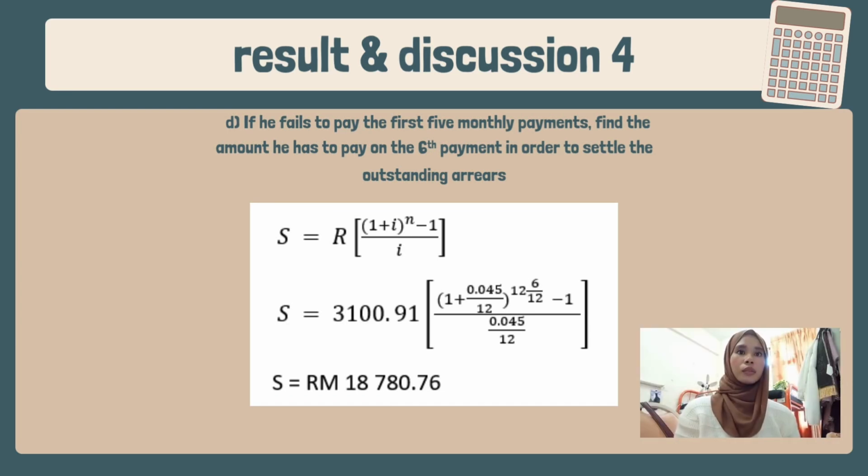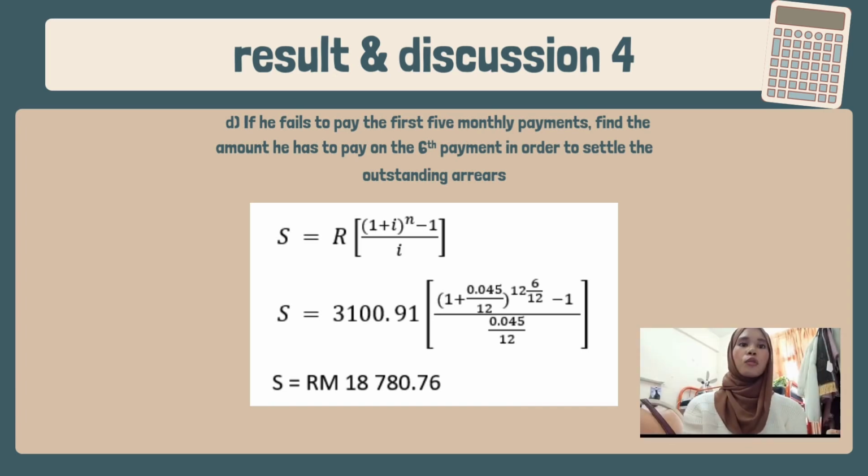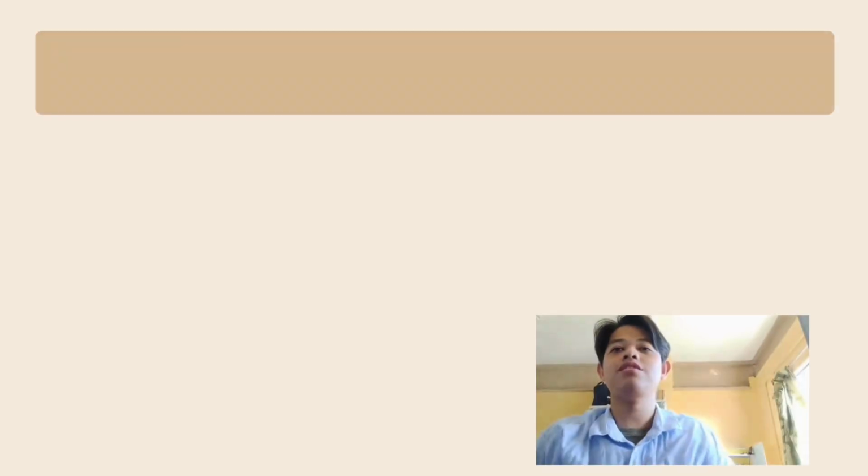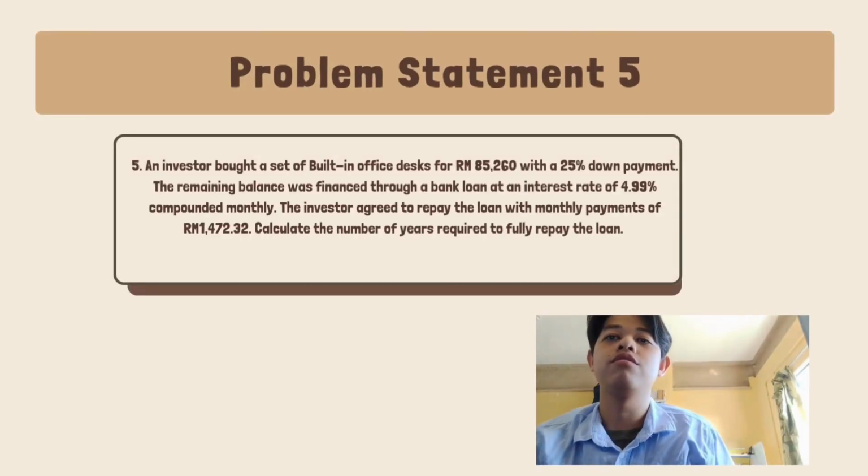S equals 3,100.91 open square bracket 1 plus 0.045 per 12 close bracket power of 12 6 per 12 minus 1 per 0.045 per 12 close square bracket. The answer if we calculate in the square bracket is 80,780.79 ringgit.